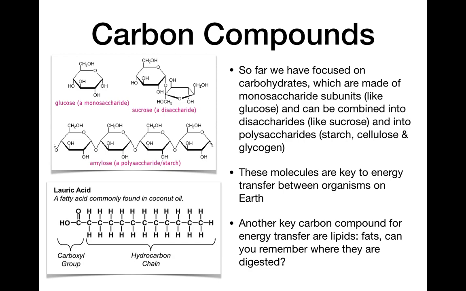Well, lipids are digested by lipase, is the enzyme. It was produced in the pancreas and released into the small intestine. So when you have a fatty acid like this, it's a long carbon chain with a whole bunch of hydrogens on it, and then it has a carboxyl group at the end, carbon and oxygen groups here at the end. That can be broken down to get energy.